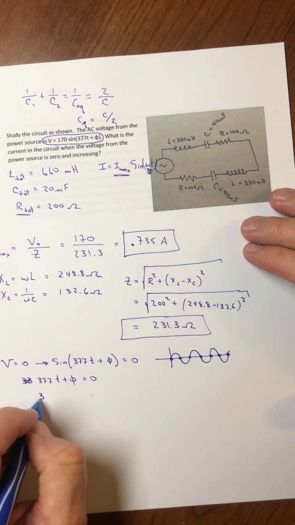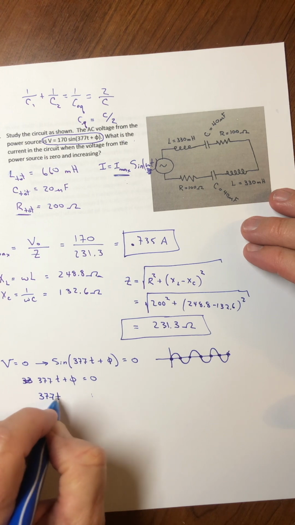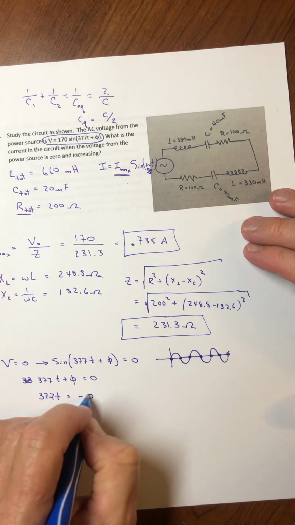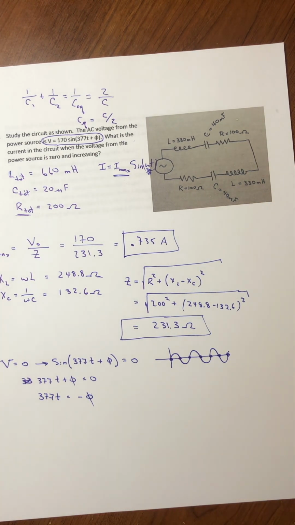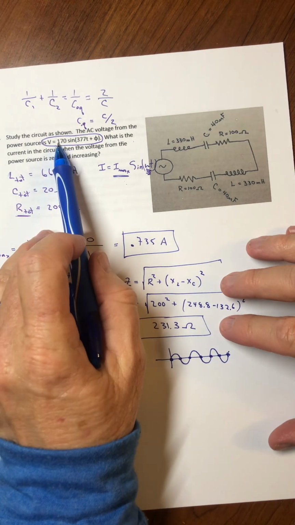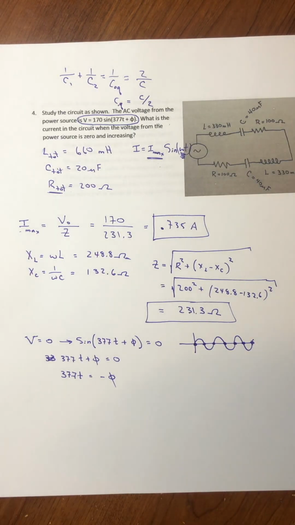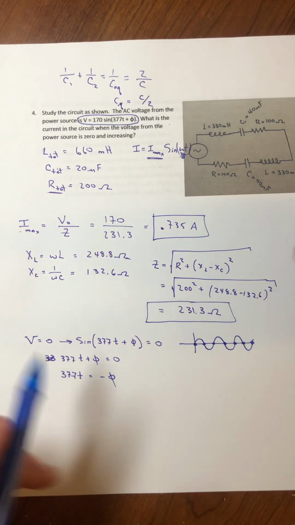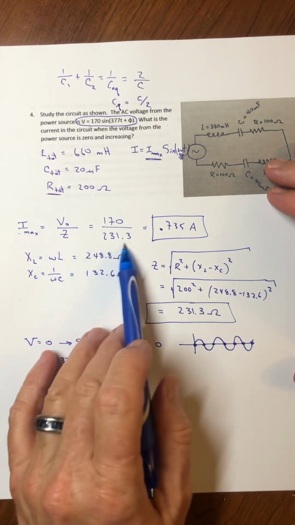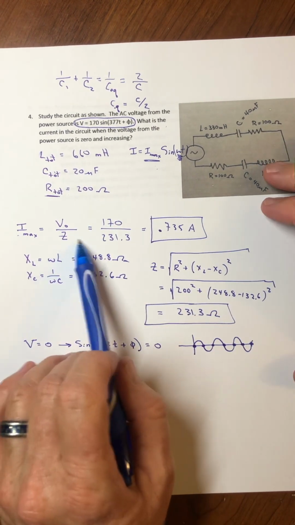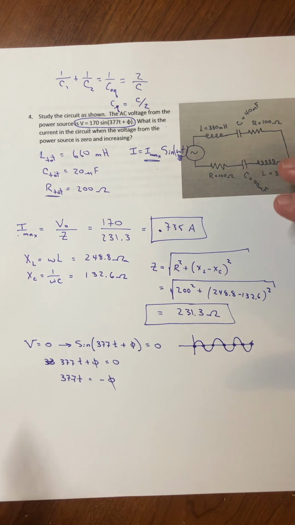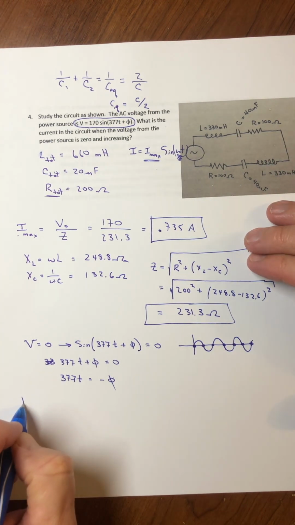And that's where this is going to come into play. This is saying that the 377t is negative of the phase between the voltage and the current. So continuing on with what we learned in chapter 33, because not only did we look at the impedance, but we also had the phase.